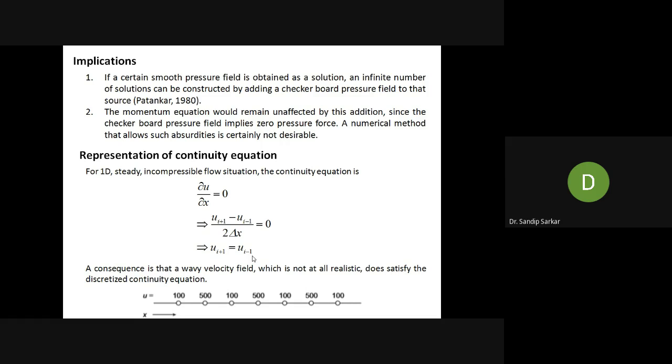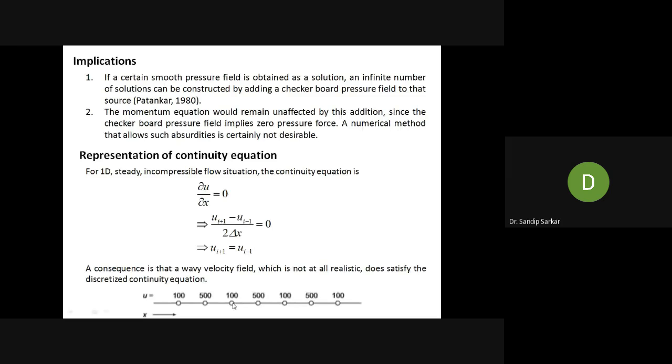That means you are getting a zigzag velocity field. u(i+1) equal to u(i-1). There is no relationship between two consecutive velocity values.